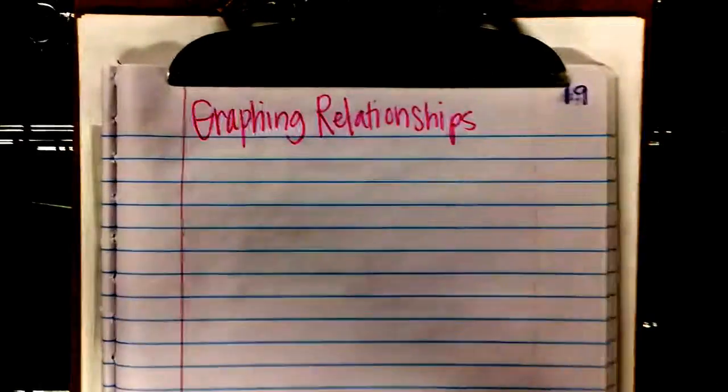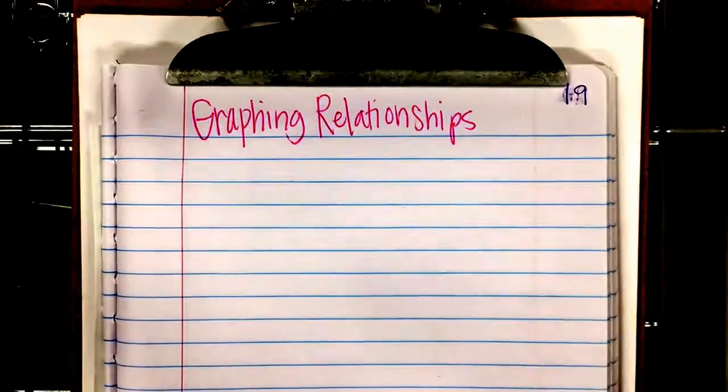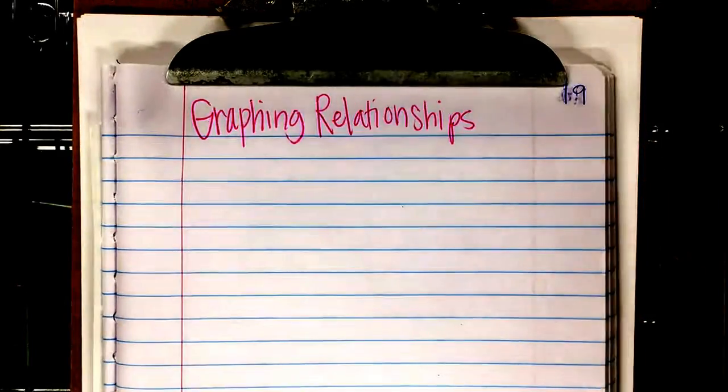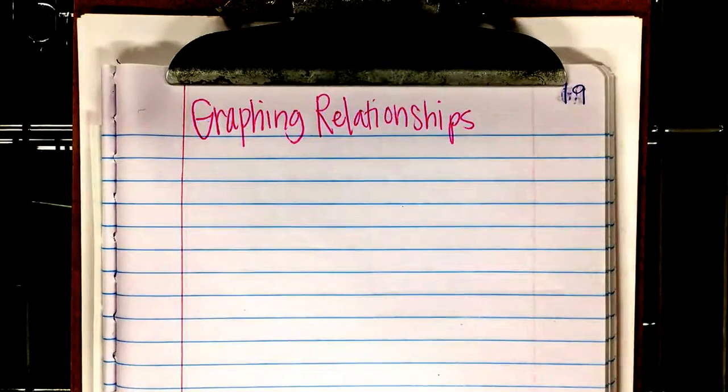All right, so we are transitioning from data analysis to algebraic analysis, okay? In math, there are four main branches of math. There's geometry, algebra, data and statistics, and number theory.